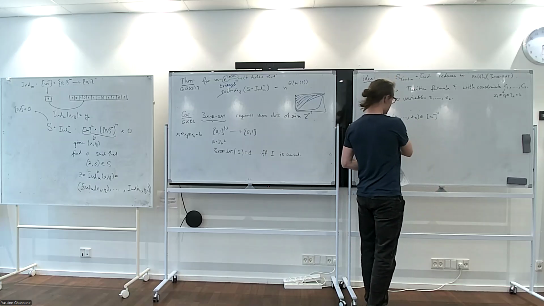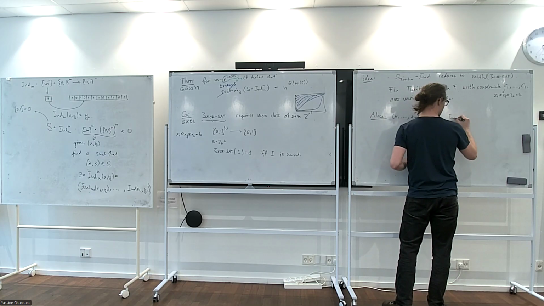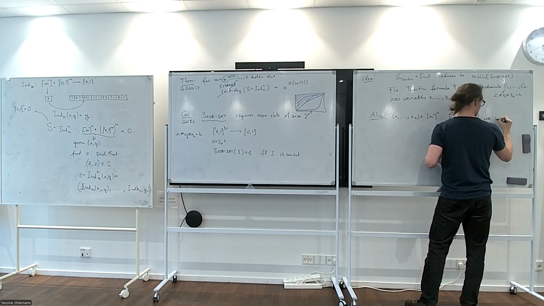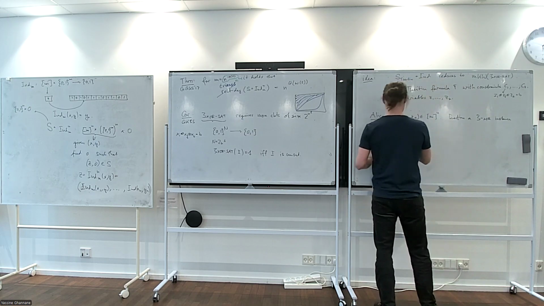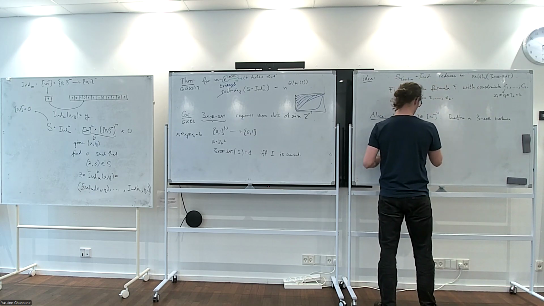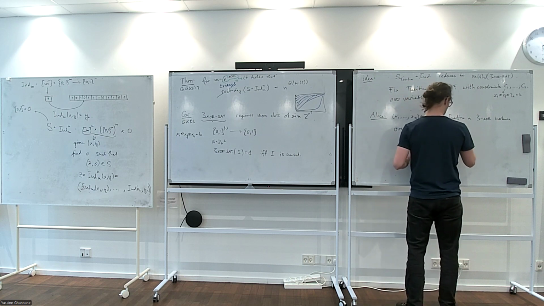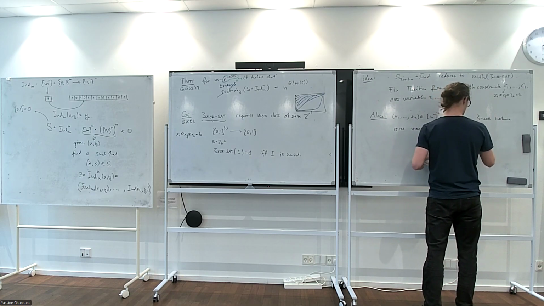Alice gets this x string as input, and then we define a 3-XOR instance over variables V_{i,j} for i in [n] and j in [m].